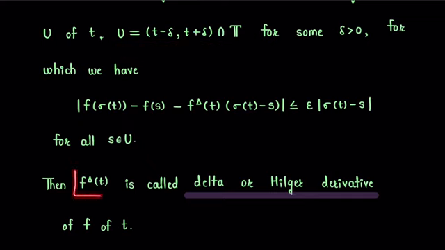Then we call f^Δ(t) the delta or Hilger derivative of function f(t).